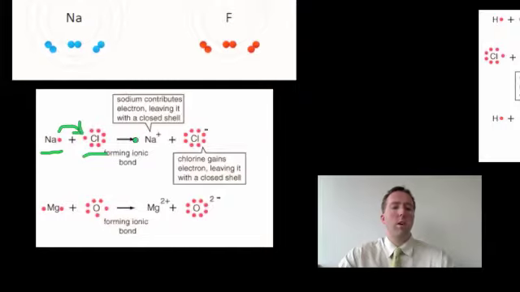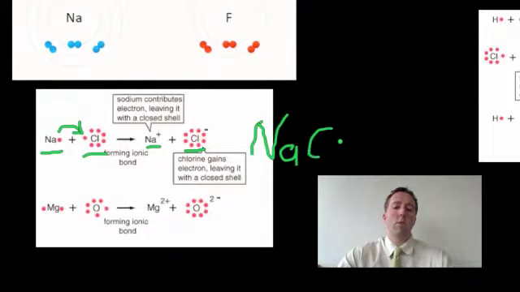Sodium becomes positively charged and chlorine becomes negatively charged. Those two atoms are attracted to each other to form a salt called sodium chloride, which is table salt. Table salt crystals are an example of atoms joined together via an ionic bond.